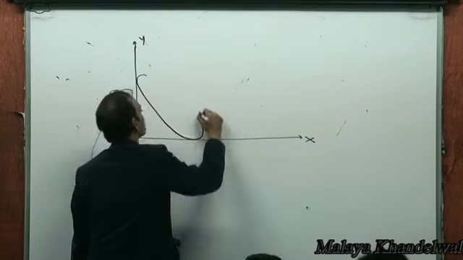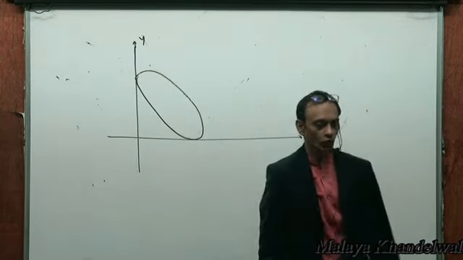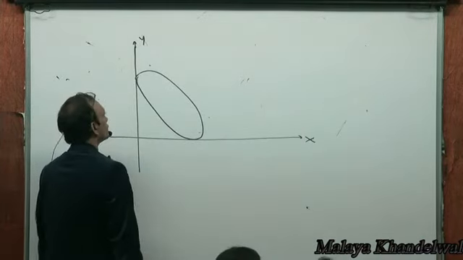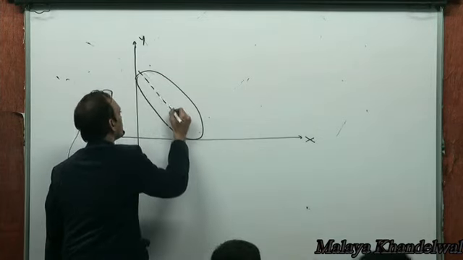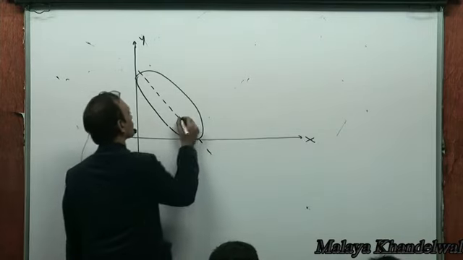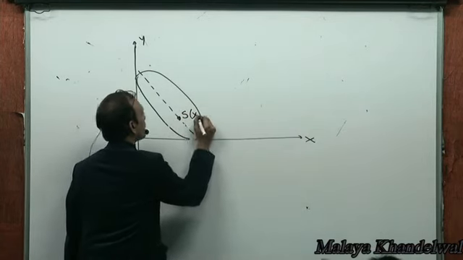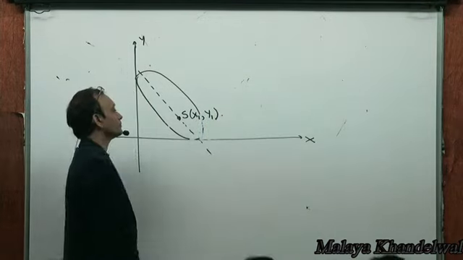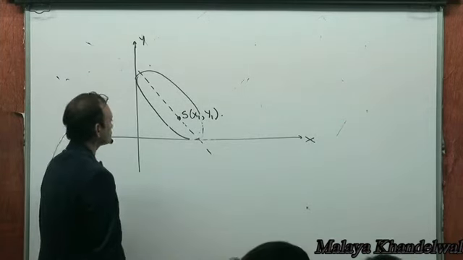Say this was some intermediate state of the ellipse. This was one focus S. Let me call it (x1, y1).